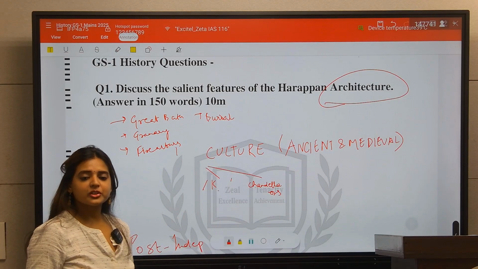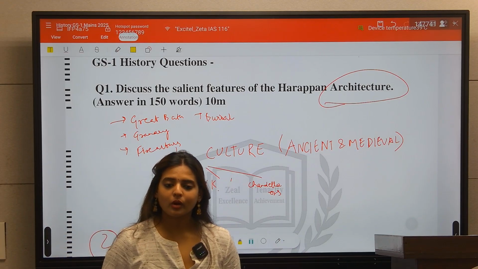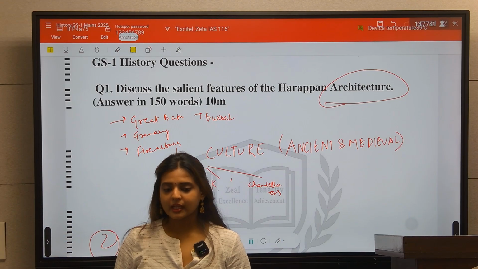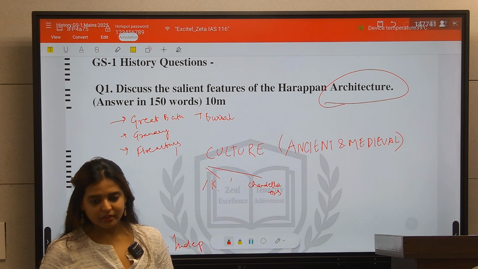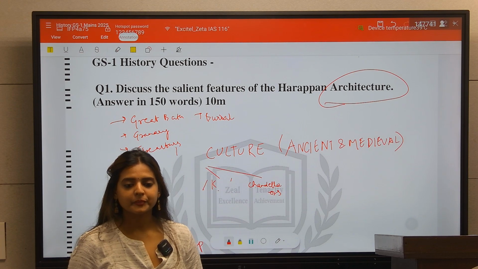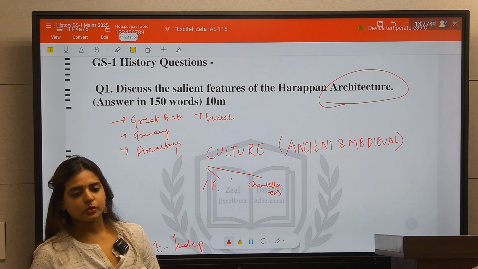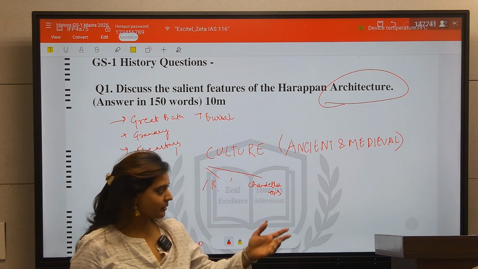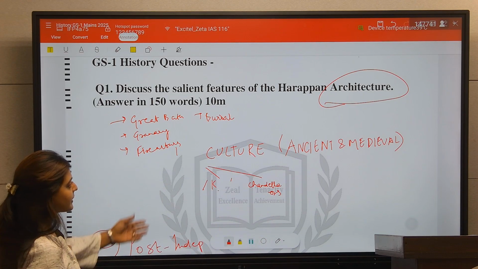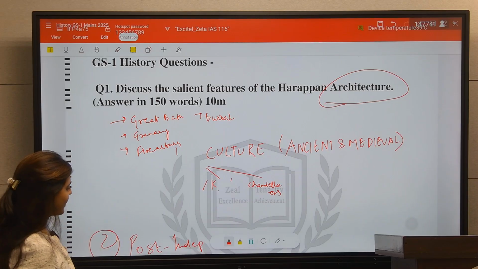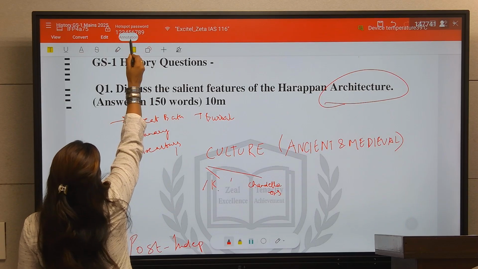We will also mention the drainage system, the water management system that existed in Harappan civilization. That is very important. Do mention that also. So these are all the points you have to mention for Harappan architecture. Now let's move to next question.